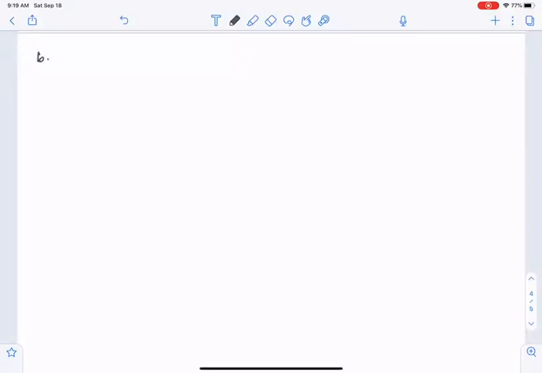So here is another example. So again, we want to take care of the term that is inside the parentheses before we tackle the power that's outside the parentheses.